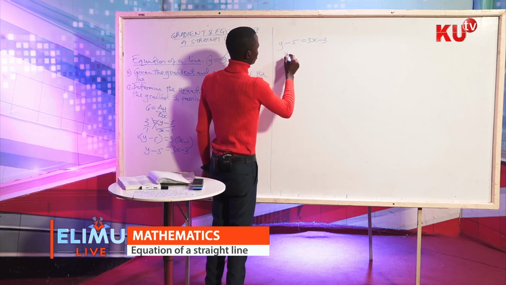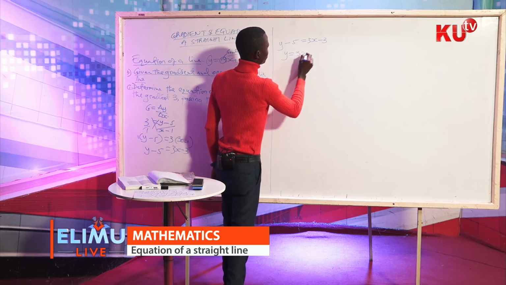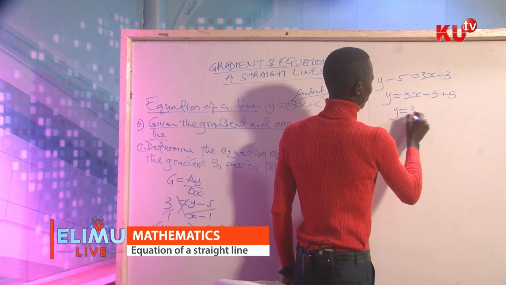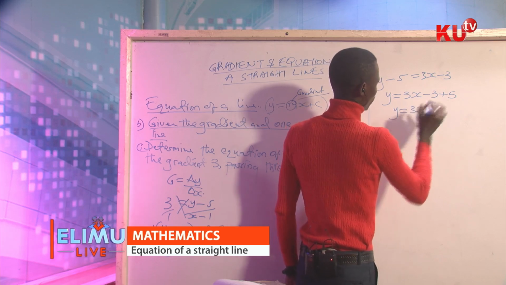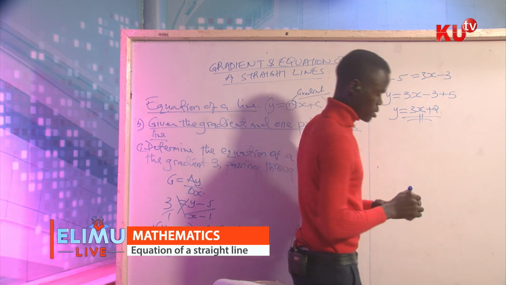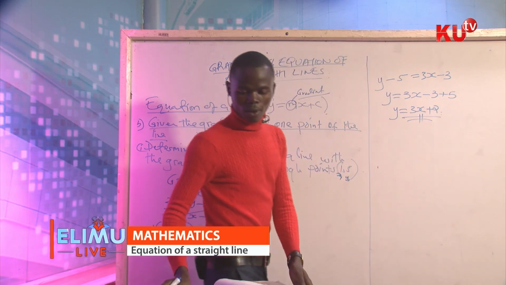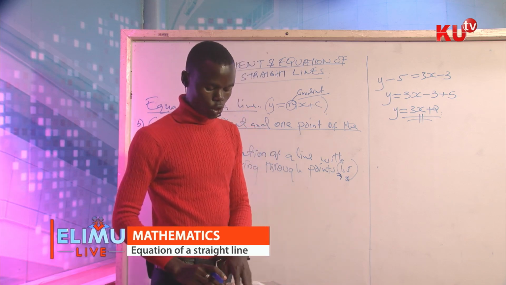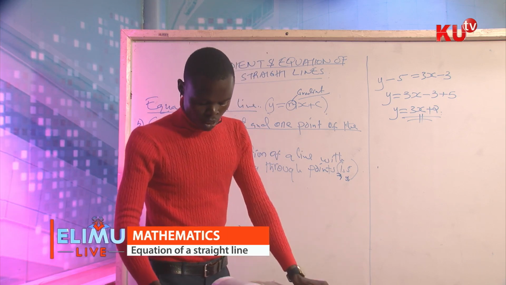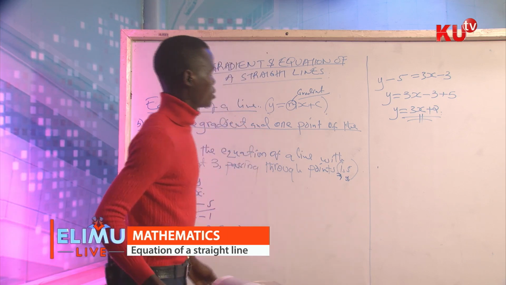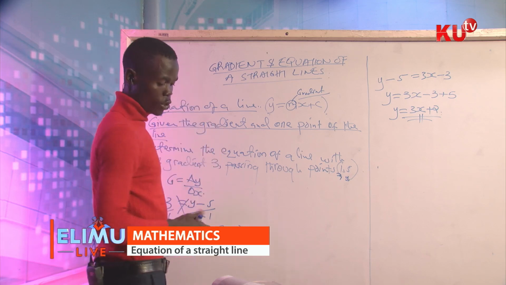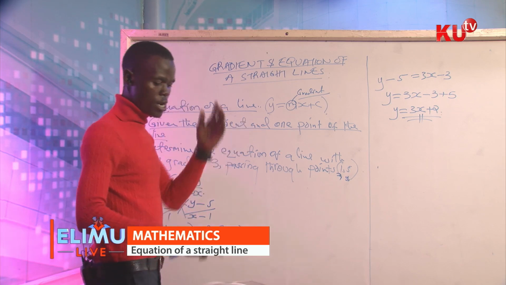So you're going to have y equals 3x minus 3 plus 5, to give us y equals 3x plus 2. And that is how we find the equation of a straight line given the gradient and a point. Any question up to there? If there is no question, I will proceed.